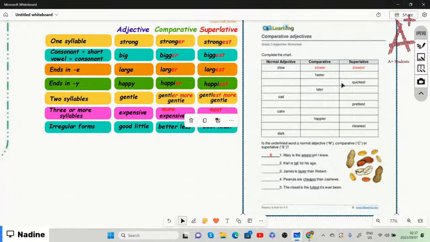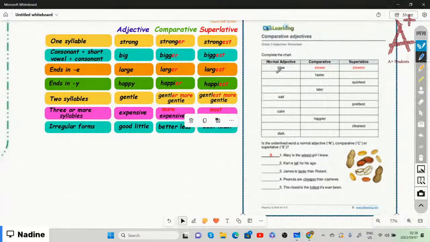In the second one, right, they have the word faster. Then it means that the name of our adjective, or the normal adjective, sorry, is going to be fast. So fast, faster.